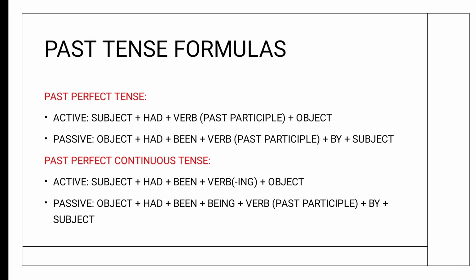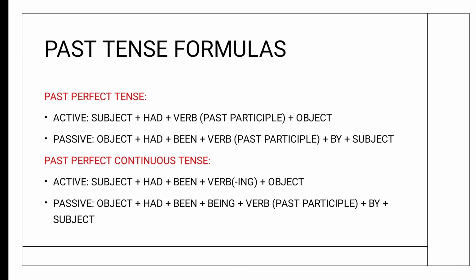Next, past perfect continuous tense. In past perfect continuous tense, we already get had been here. In the present perfect continuous, we get has been or have been directly in the active voice. In past, we get had been. Subject plus had been plus verb in the ing form plus object.